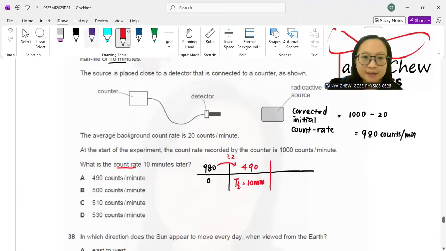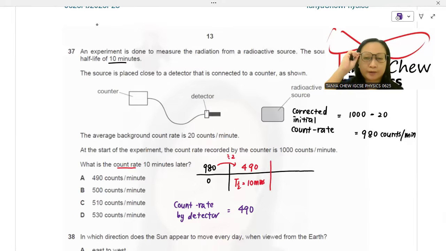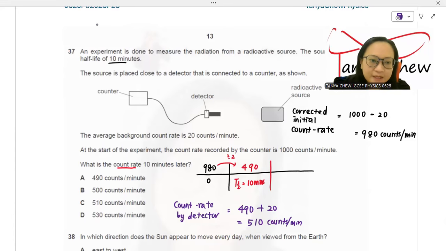The count rate is the count rate detected by detector. Like what I told you, detector is not selective. You need to take the count rate of the radioactive source after 10 minutes plus back the background radiation. So you get 510 counts per minute. C is the answer.